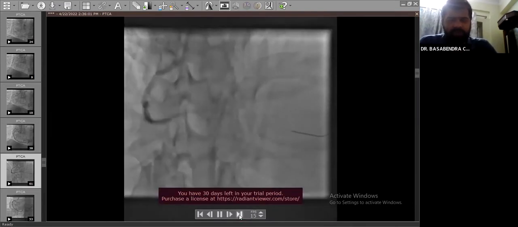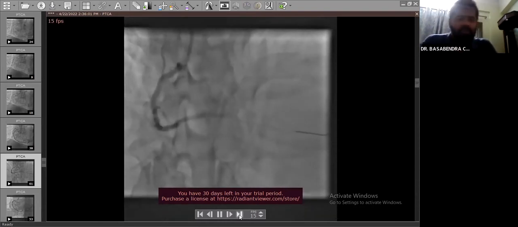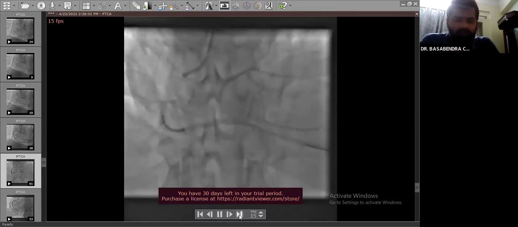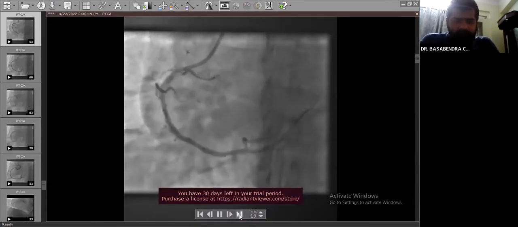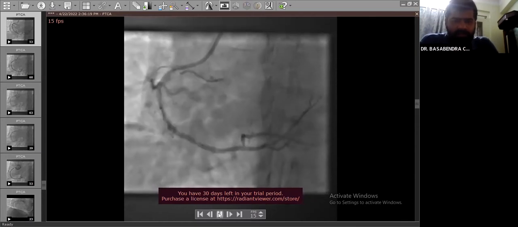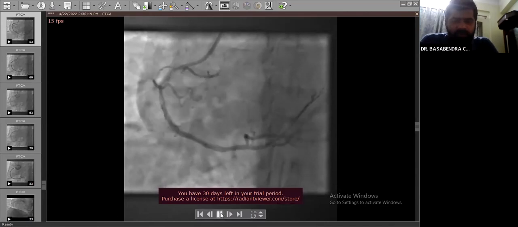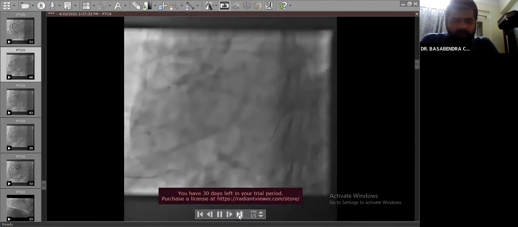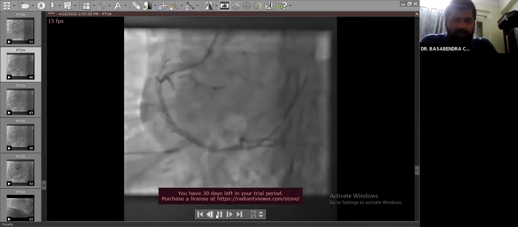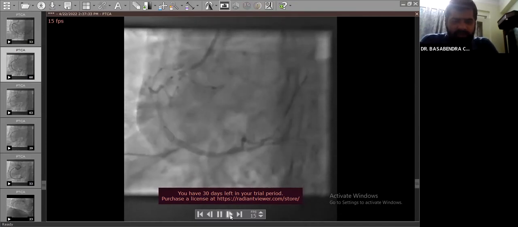So for the distal vessel, we took a 3x34 stent, confirming by different views that the distal landing zone is relatively disease-free. The stent was deployed, and this was the picture after deployment of the distal stent.